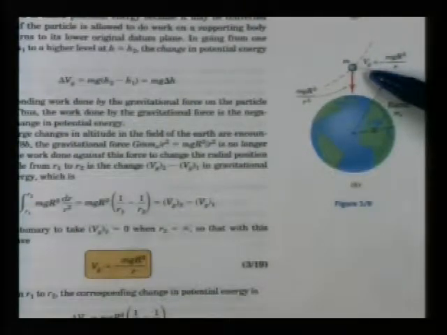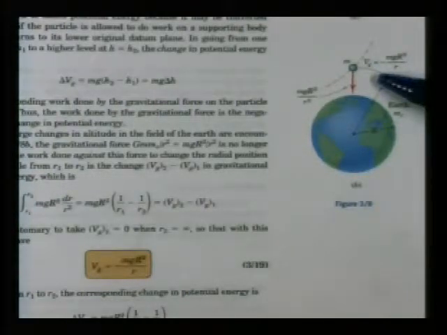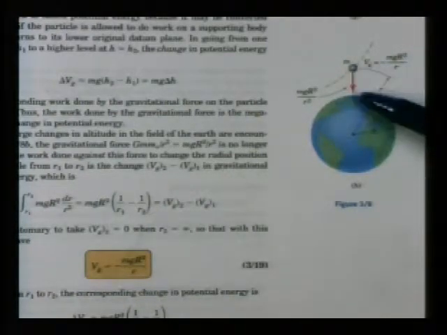An object in deep space would have zero gravitational potential because the attractive force between the Earth and that mass is essentially zero. So we define that as our datum out at infinity, and then we let the object come closer into the gravitational field.